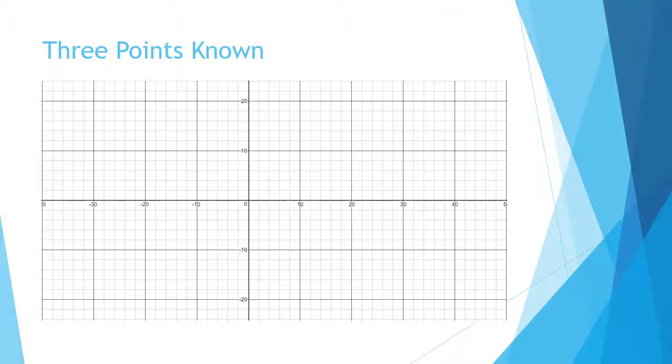The last type of parabola is when any three points are given. The three points are not the x-intercepts or the vertex, just any other three points. So we're going to draw a parabola passing through three known points. Let's say the parabola passes this one here, that's one point.